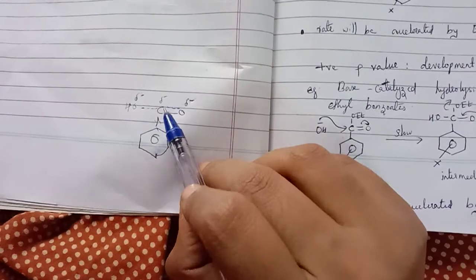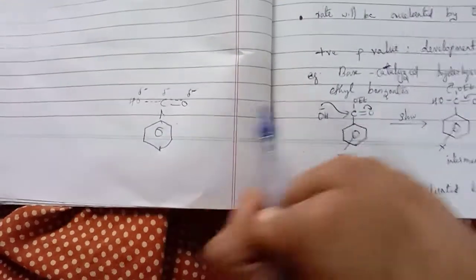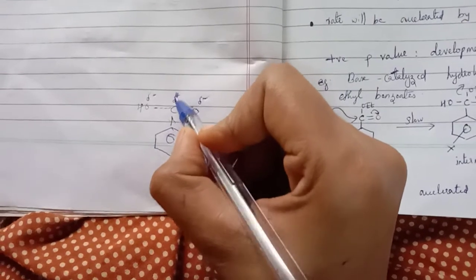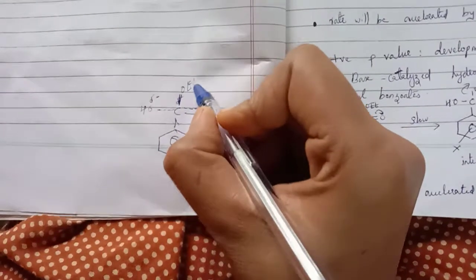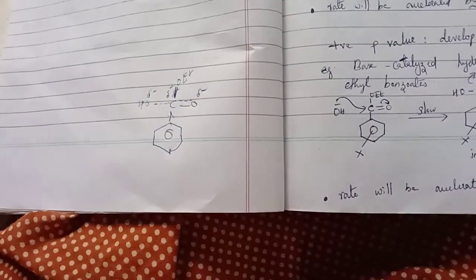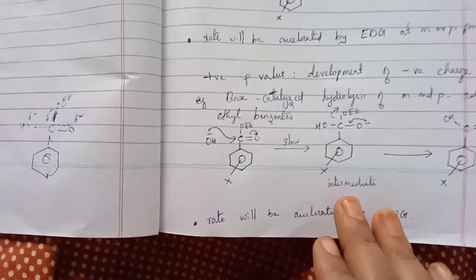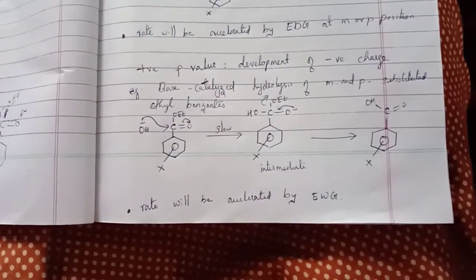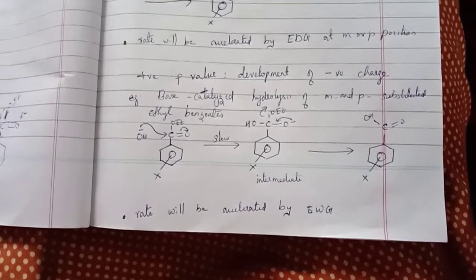So a development of negative charge at the carbonyl carbon compared to the reactant. There is an OEt group also. A delta negative charge will be here in the carbon. Either you can consider like this, a diminishing of delta positive charge. That will be better. Okay, that means a positive rho value.